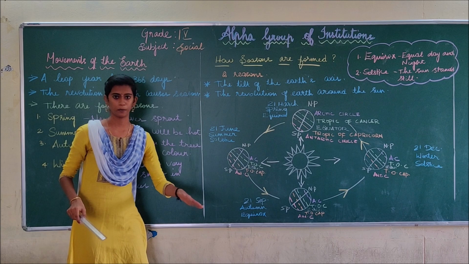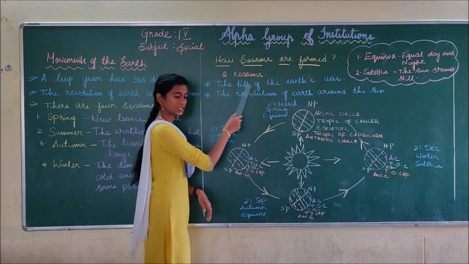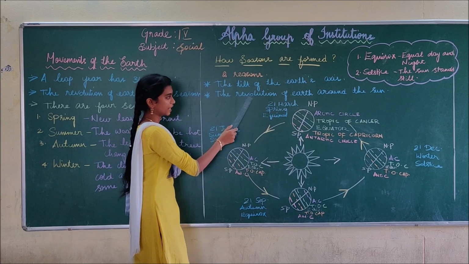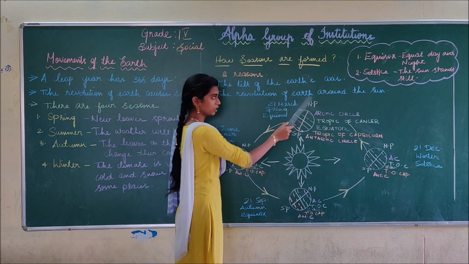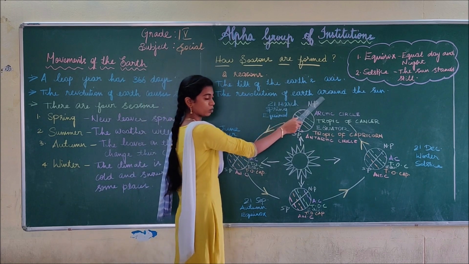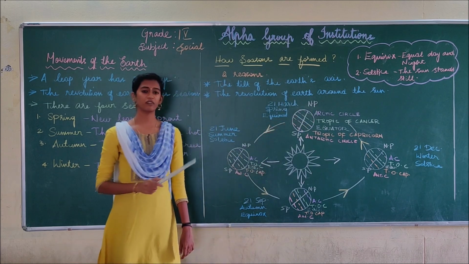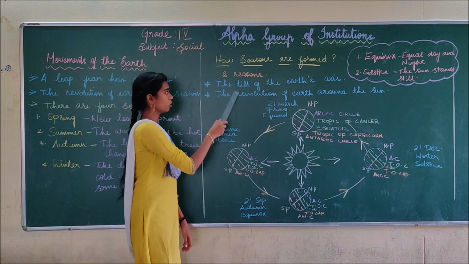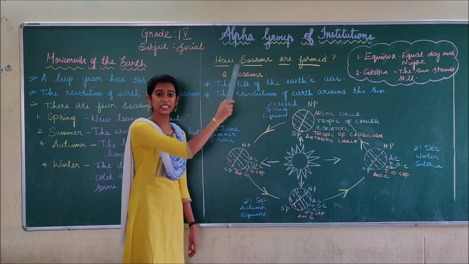The second one is the revolution of the Earth around the Sun. As I said, the meaning of revolution is the movement of the Earth around the Sun. So these 2 are the reasons for how the seasons are formed.